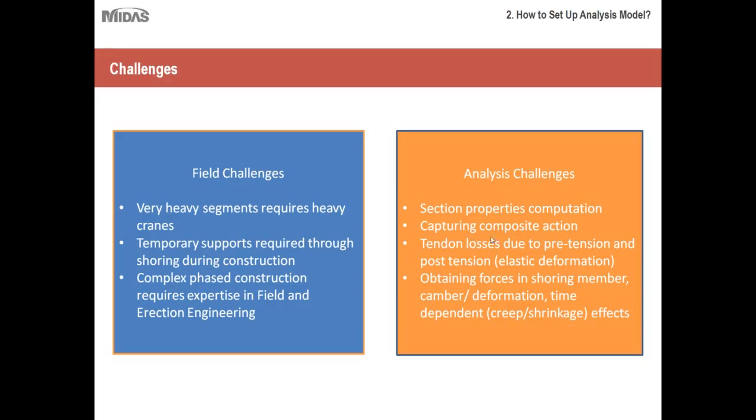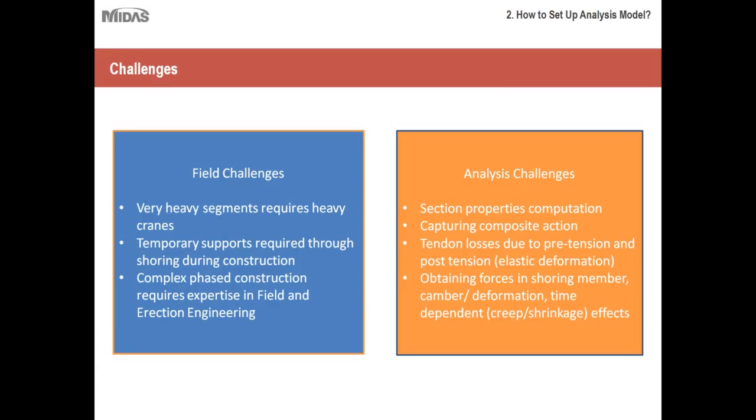Then capturing the composite action. This section is constructed in 3 different steps. There will be a time when the girder is by itself, then there will be the girder and the lid on top, which will behave as one section, and then after some time a third part is added to this section. So you have to capture the behavior of the entire cross section in different stages.